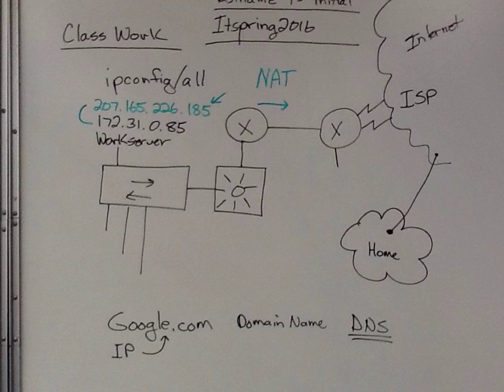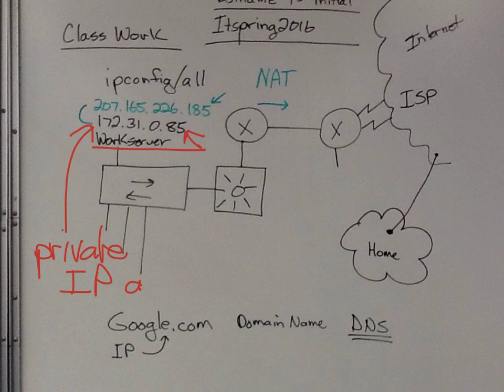Good stuff. So here's another good example. We have a work server that we can access on campus using this private address. That's a private IP address, and that one is unique to our area of the network. So if you draw a cloud here, the IT area, nobody else has that number, and it's assigned to that work server.